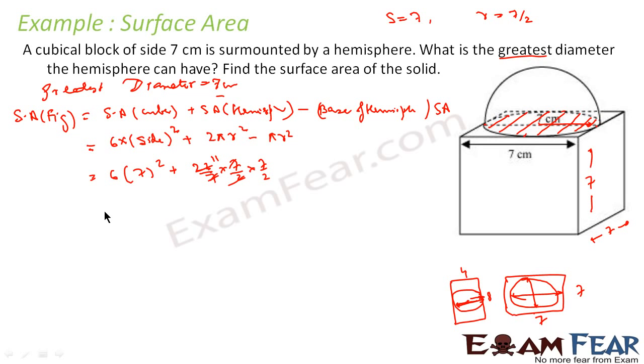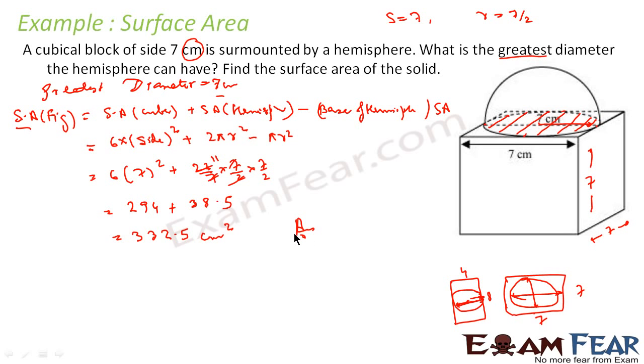So 7 square is 49. 49 into 6 is 294 plus 77 by 2, right? 77 by 2 is 38.5. So this becomes 332.5. Now since we are talking about surface area and centimeters, it is centimeter square, and that is my answer.